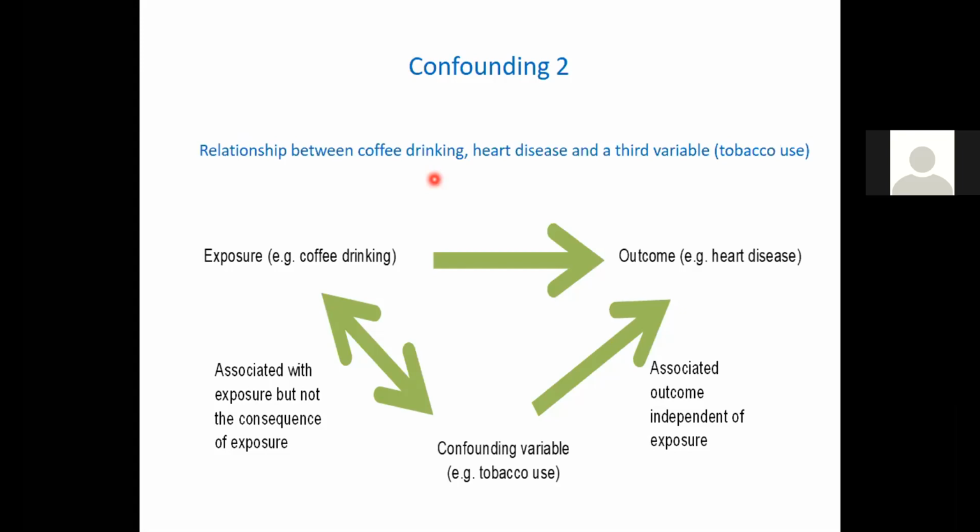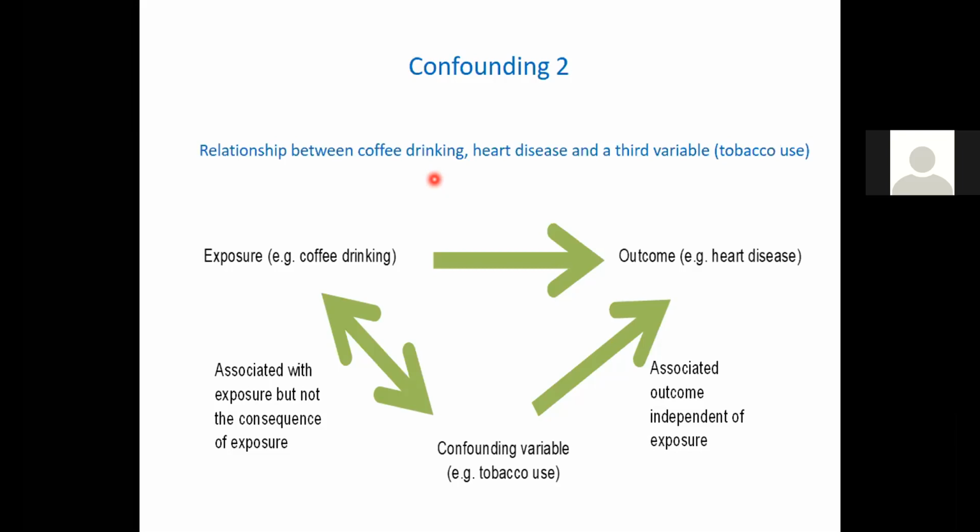Just like what we said before, both of them are substance use: coffee drinking, tobacco use. If somebody is using tobacco compared to somebody that is not using tobacco, who will likely take coffee? You will see people that take coffee who don't use tobacco, but if you put people that use tobacco and people that take coffee together, which one will likely use tobacco? People that take coffee and people that don't take coffee, who will likely use tobacco? It's the same thing the other way around.